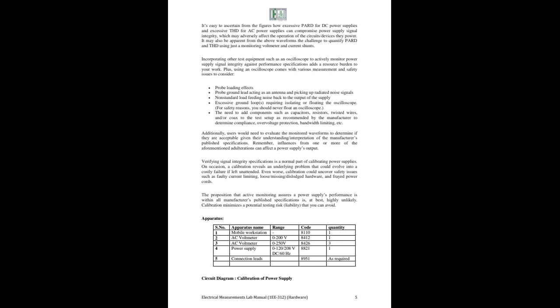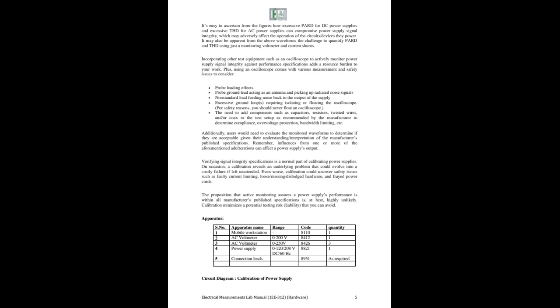It may also be apparent from the above waveforms the challenge to quantify PERD and THD using just a monitoring voltmeter and current shunts. So if we think that we can measure PERD and THD using a simple voltmeter, it is not sufficient. We have more specific devices.